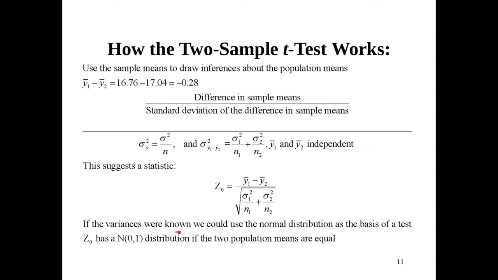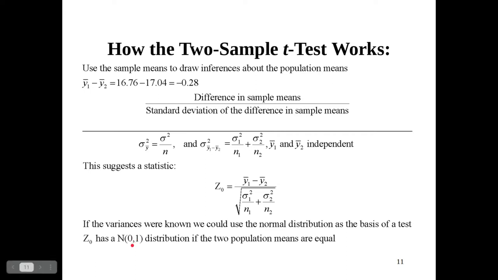If the variances were known, we could use the normal distribution as the basis of a test. And this we can use as a z test, right? Z0 has a normal distribution with a mean 0 and standard deviation 1. We know that any normal distribution with mean of 0 and standard deviation of 1 is called a standard normal distribution.